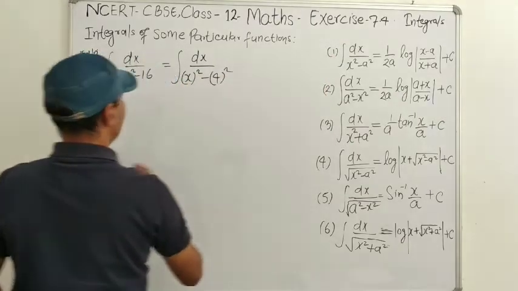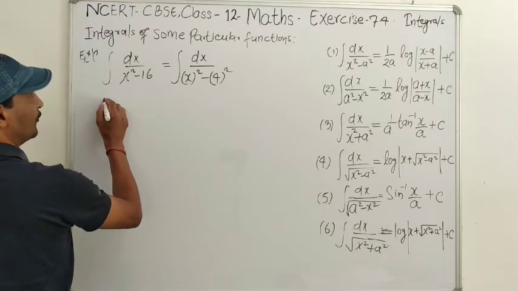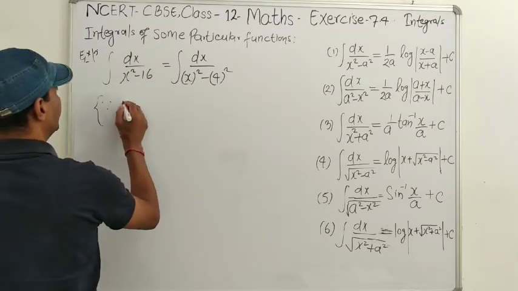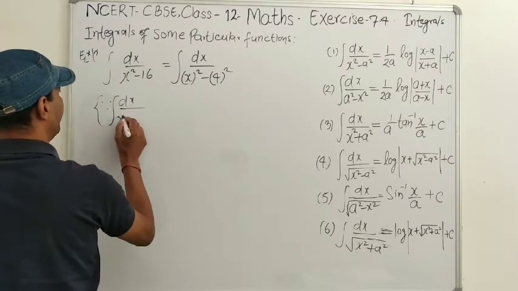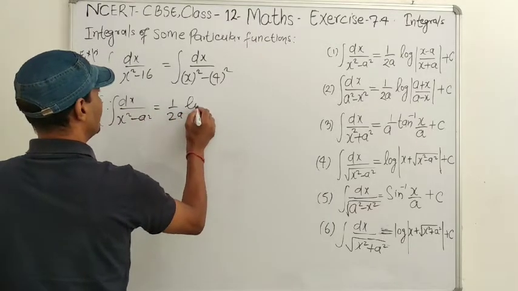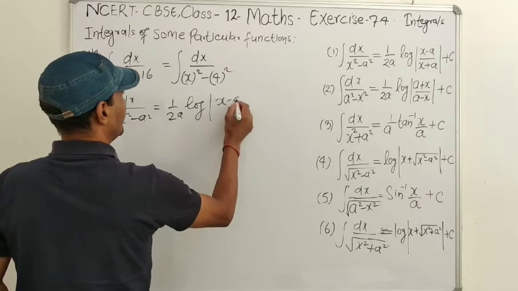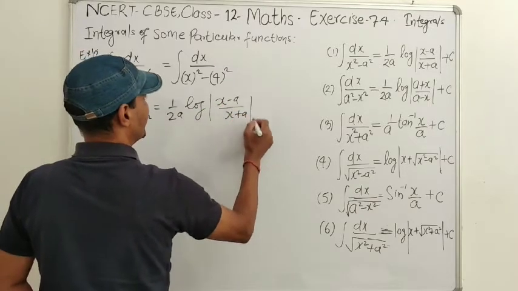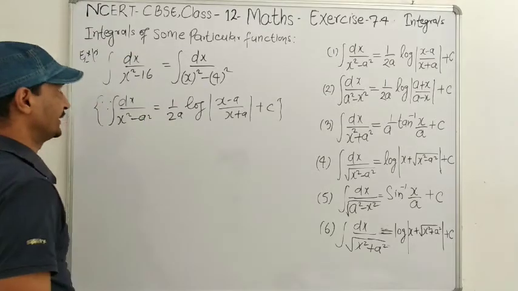So number 1 formula is applying here, integration of dx by x square minus a square equal to 1 by 2a log of x minus a by x plus a plus c. This formula will be applied here.